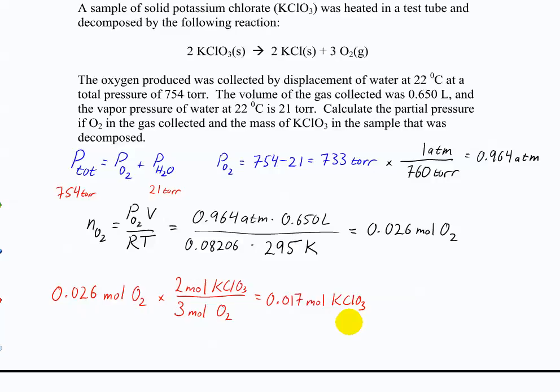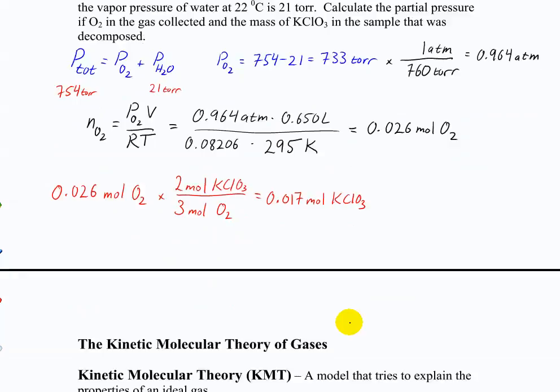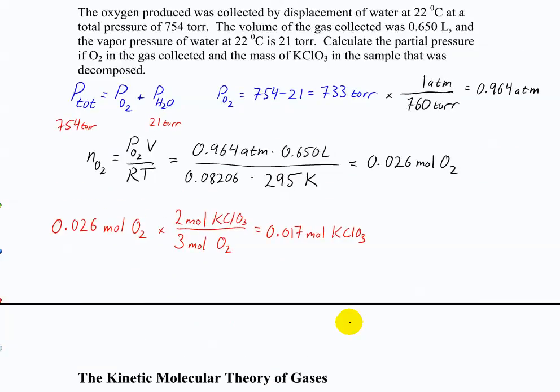And then how do we get the final answer here? Multiply by the molar mass. And that molar mass is actually 122.52 grams per 1 mole. That gives 2.12 grams. Final amount.